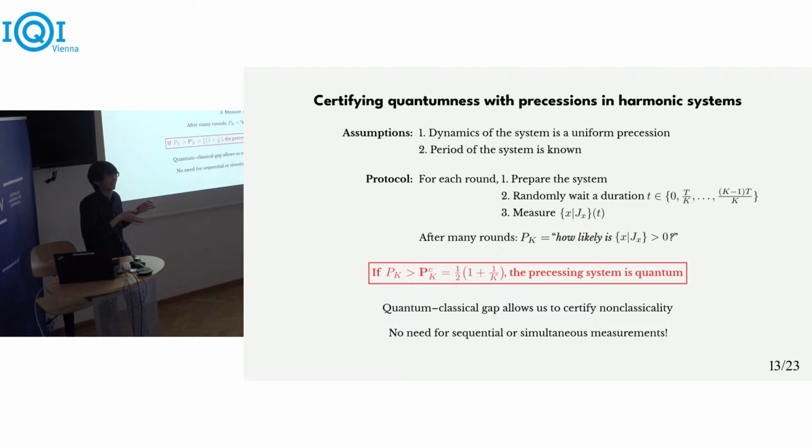Did you have a question? Yes, I do. So when I read your paper first, I was under the impression that you need to assume purity for your Wigner function to have negativities, or to say that it cannot be a classical probability distribution.